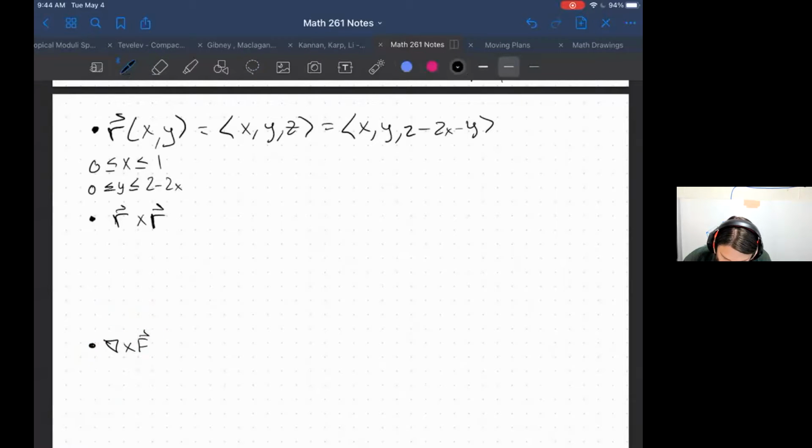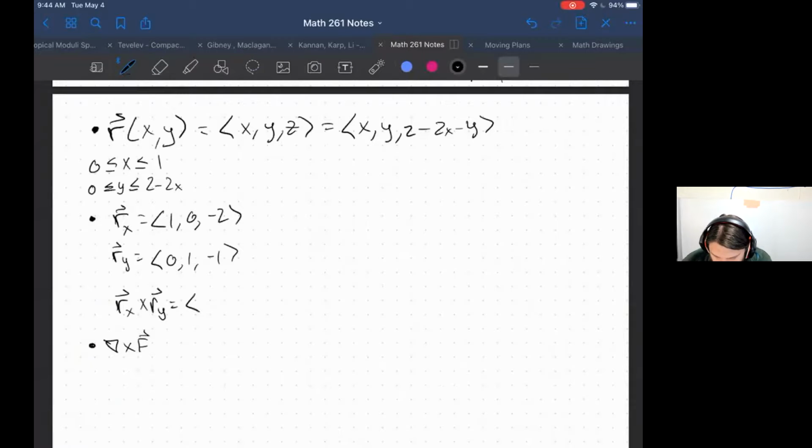Right, we've chosen the variables Rx and Ry. Let's write out those partial derivatives. So for Rx, you get 1, 0, -2. For Ry, you get 0, 1, -1. And so for the cross product, right, first term is 0 minus 1 minus a -2.